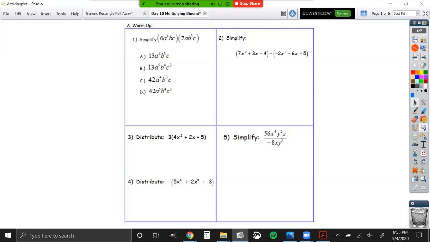Okay, so hopefully you took the time to do the problems. I can't guarantee you did, but if I were going to do this problem right here, I'm multiplying these polynomials. Here's a monomial times a monomial. So when I take 6 times 7, I know that's going to be 42, which means that A and B are wrong.